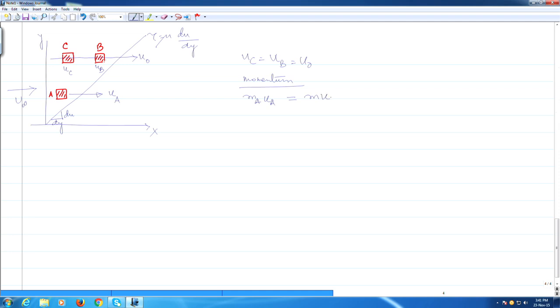Then there will be M times UB, which is equal to M U naught, and M times UC is equal to M U naught.